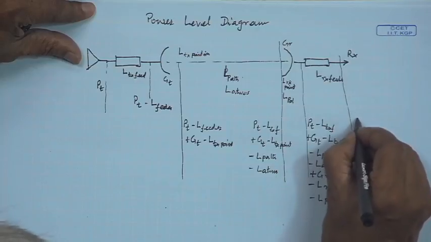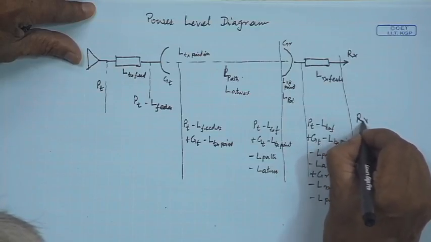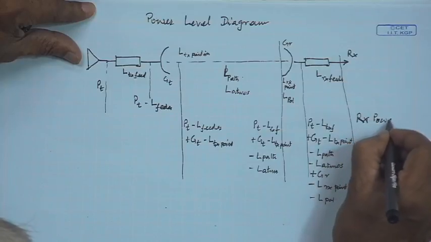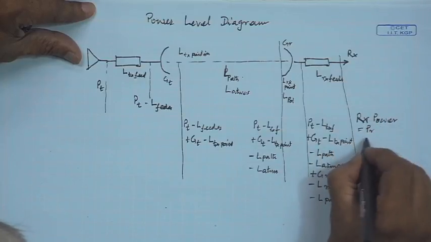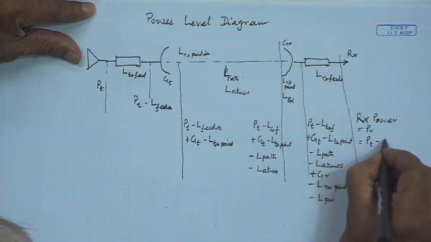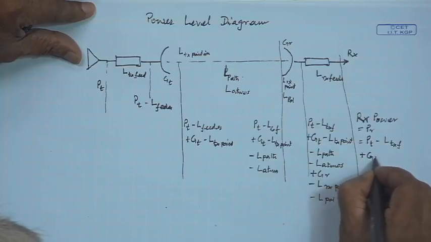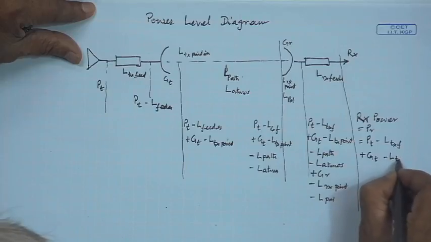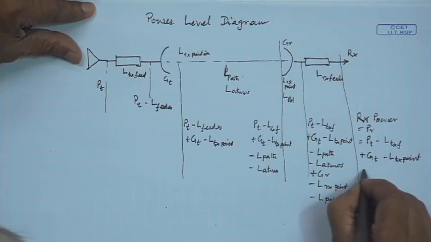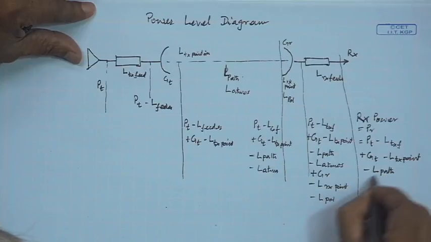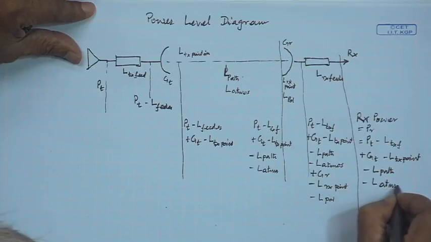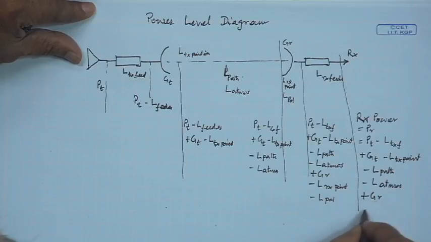For the whole thing, the receive power PR will be PT minus L transmit feeder plus GT minus L transmit pointing minus loss due to path minus loss due to atmosphere plus GR minus loss due to receive antenna pointing minus loss due to polarization minus loss due to receive feeder.